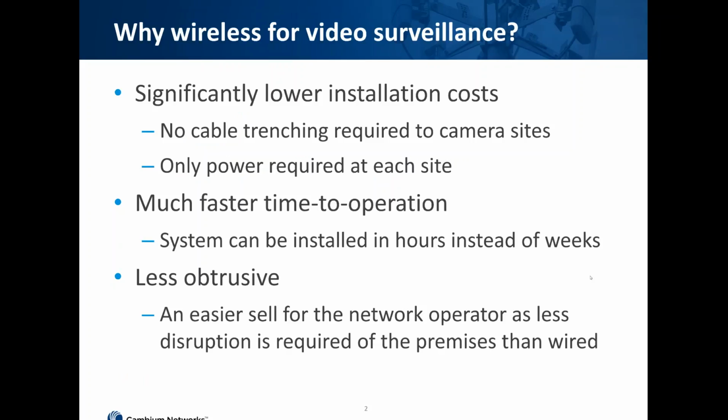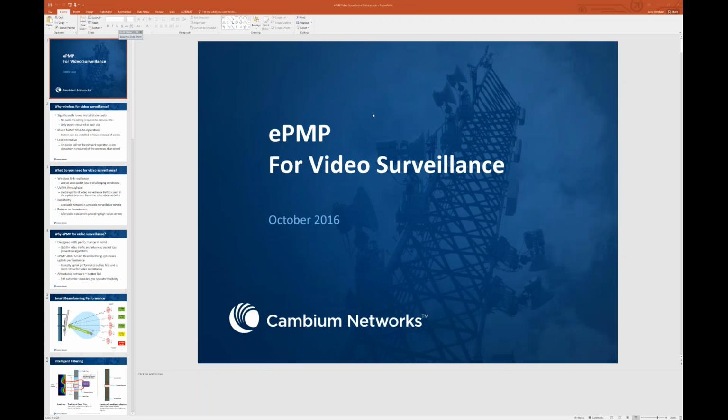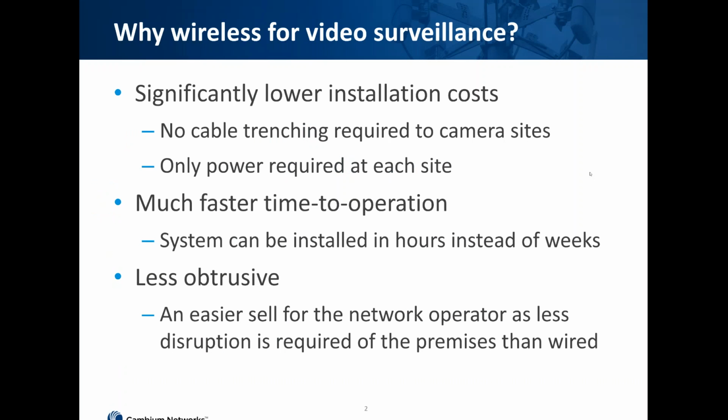So I suppose, why would you be looking at wireless connections for video surveillance infrastructure anyway? The principal reason is significantly lower installation costs. When you physically don't have to trench data cabling to each camera, depending on distances from the site and everything, that can get very expensive.